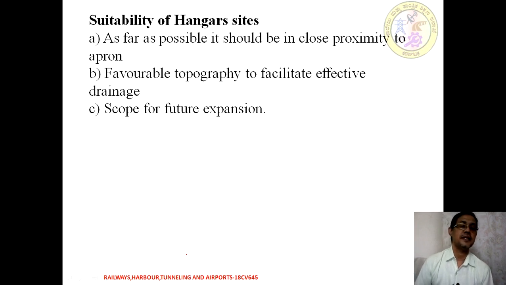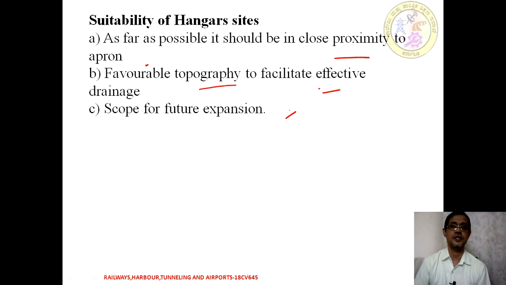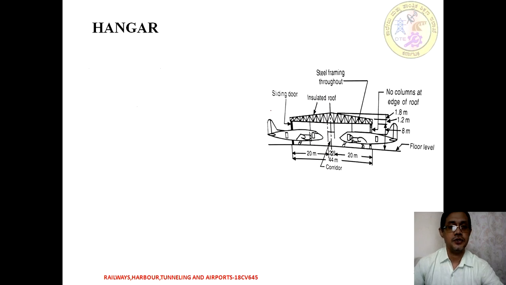As far as possible, the hangar should be in proximity to the apron. It should have favorable topography, effective drainage and scope for future expansion. These three components have to be kept in mind while deciding the hangar site suitability.